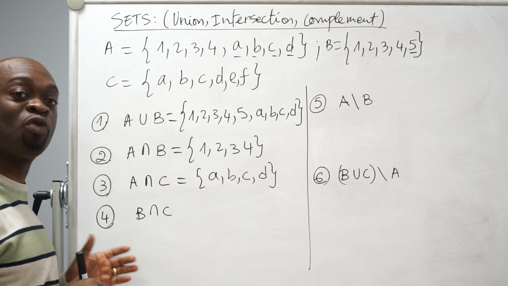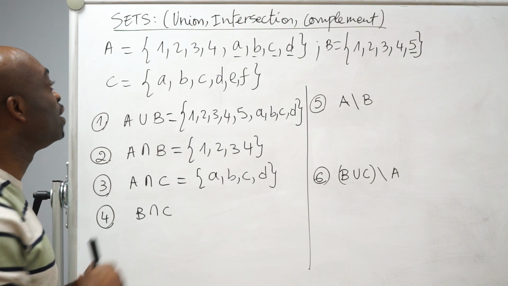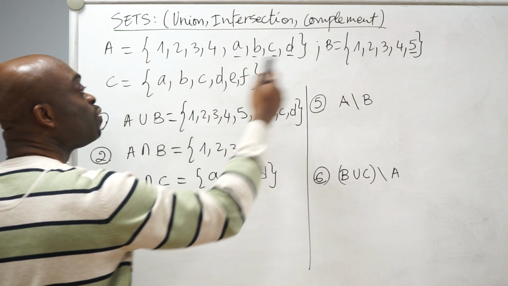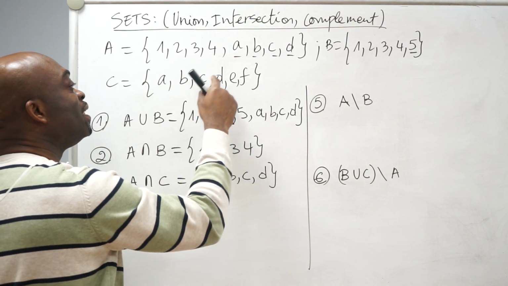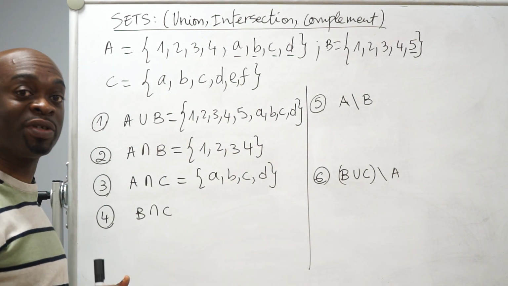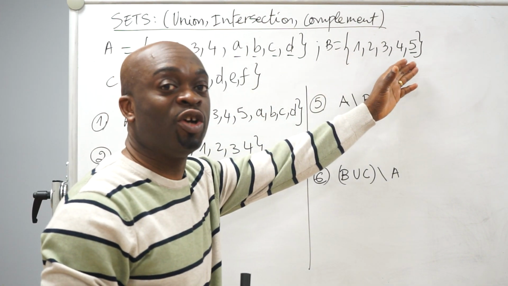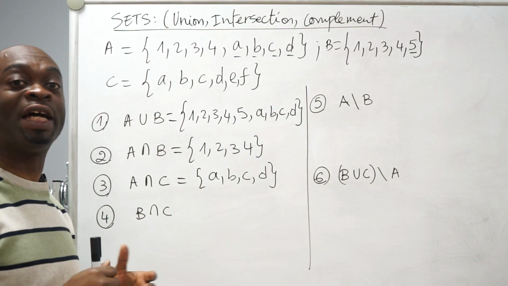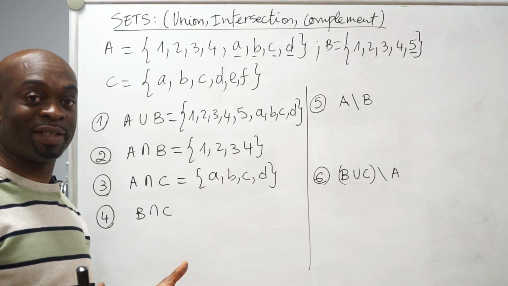Now let's keep going with question number 4. We have B intersection with C. So B we have 1, 2, 3, 4, 5, and C we have A, B, C, D, E, F. So there are no numbers there, only letters here, and here, only numbers. So what happens to that? What do they have in common? Nothing, which is what we call an empty set.